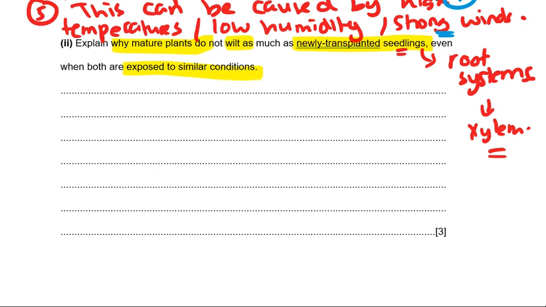And I guess these two are the main points. Maybe you can have 2 points from there, but we have 3 points. One more thing is that you should know the root systems also include both the xylem and also root hair cells. Maybe they don't have enough root hair cells as well. So I guess that's 3 points.